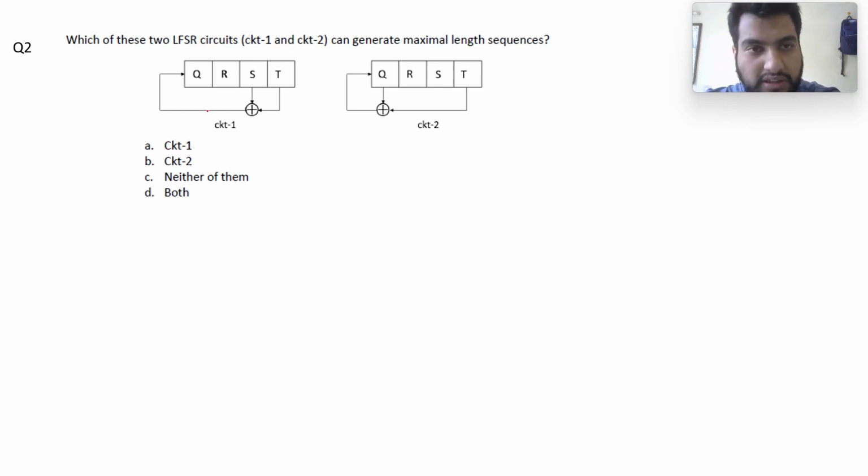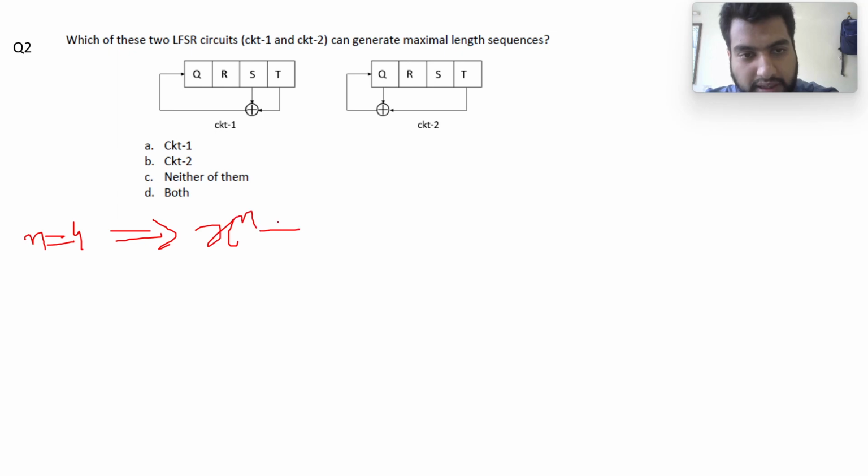And we know we have 4 flip-flops in both of these LFSRs. So for n equal to 4, the primitive polynomial is given as x raised to the power n plus x plus 1.